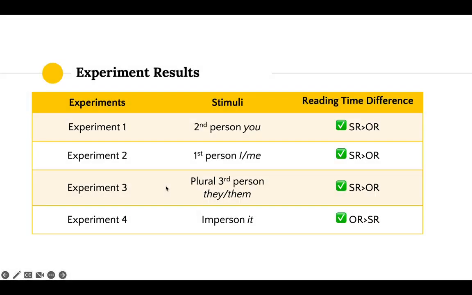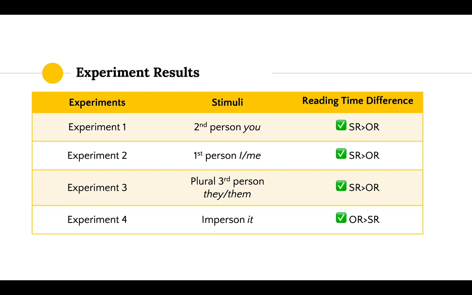And 4 experiments of reading times are carried out based on personal pronouns in clauses, and the results show that when the embedded pronoun is personal, such as the second personal pronoun you, the first personal pronoun I and me, and the plural third personal pronoun they and them, subject-relative clauses will cost more reading time than object ones.